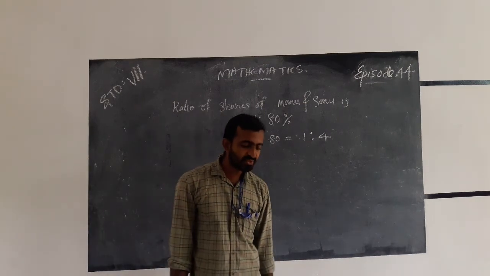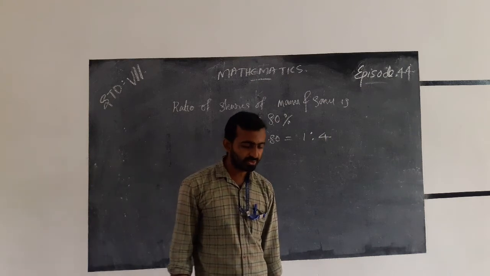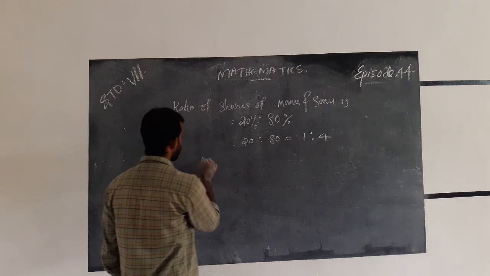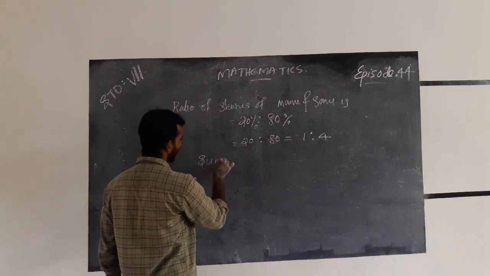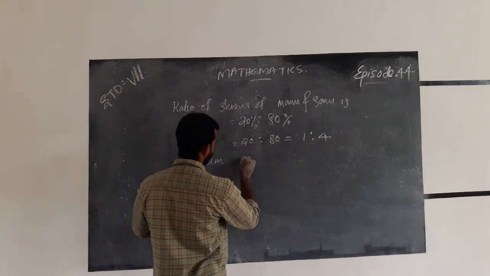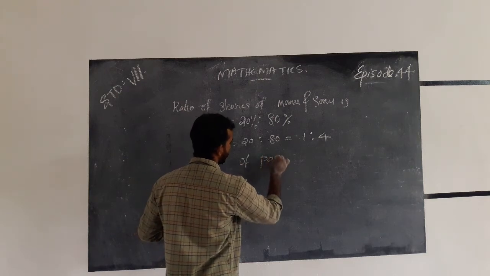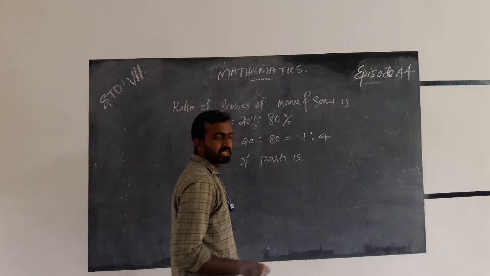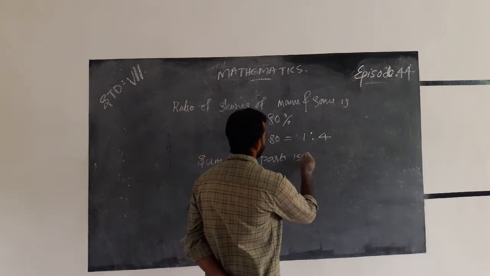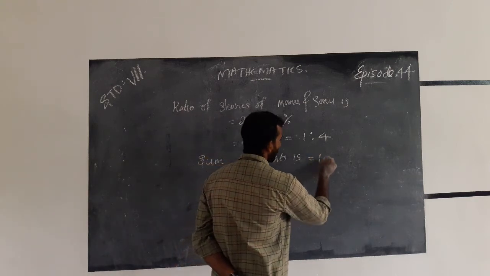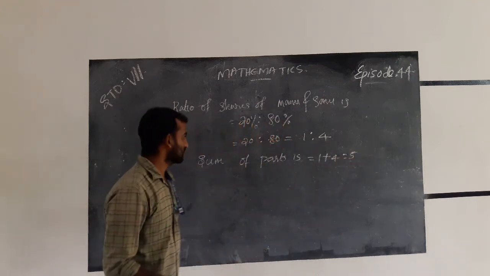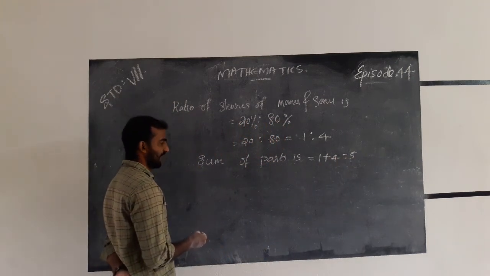Next we can write the sum of parts, which is equal to 1 plus 4, that is 5. We get 5.